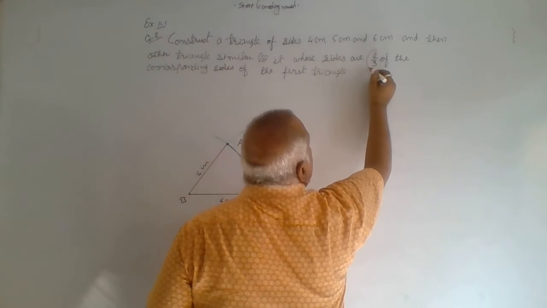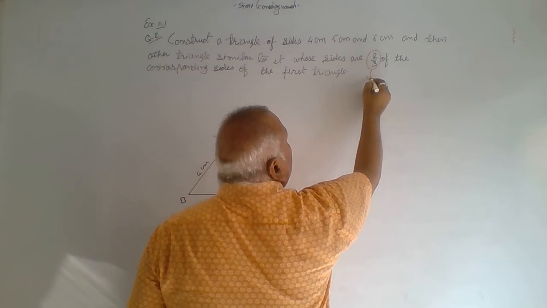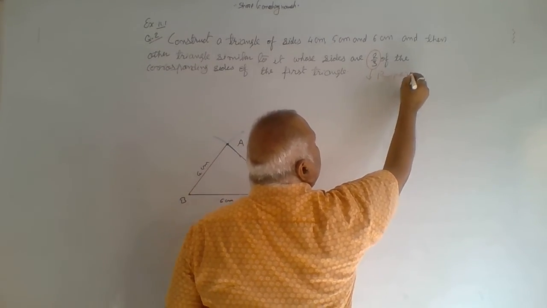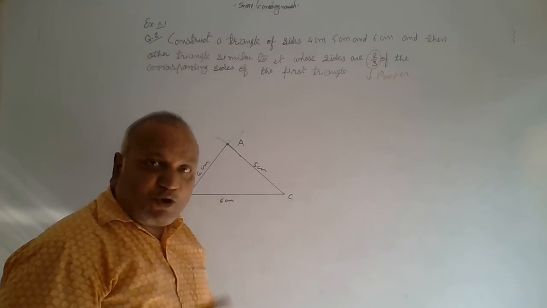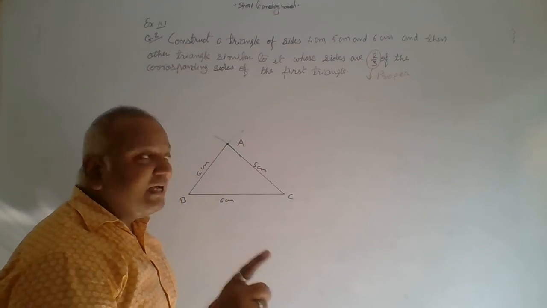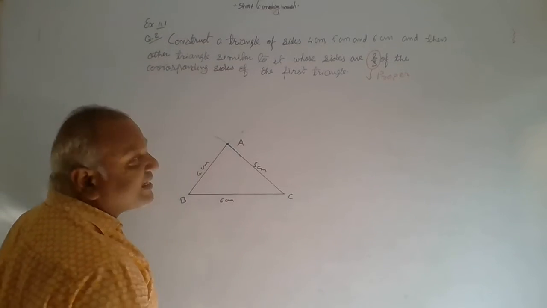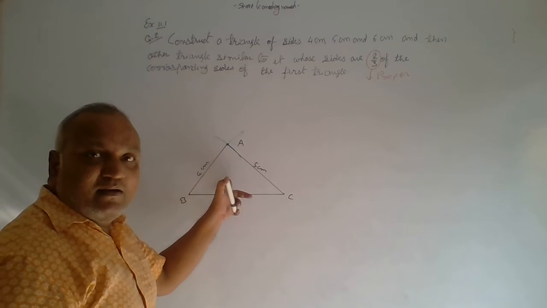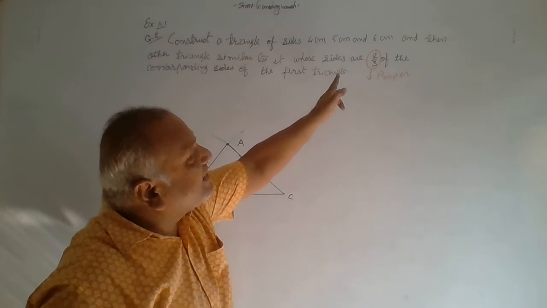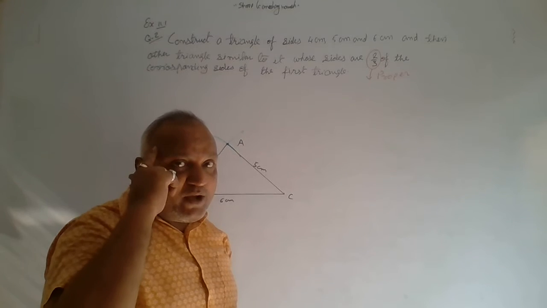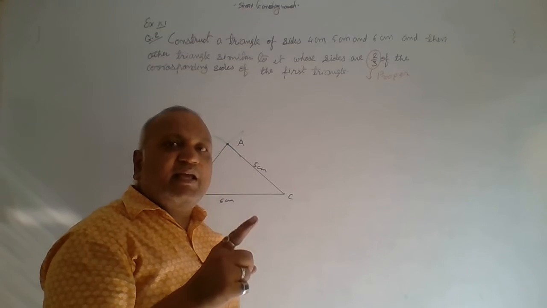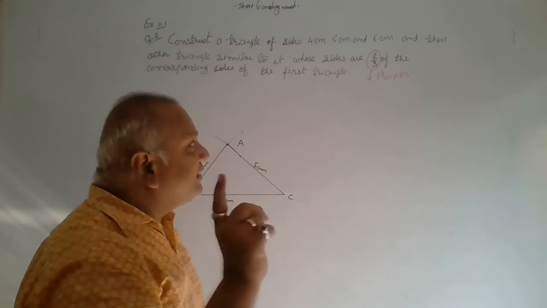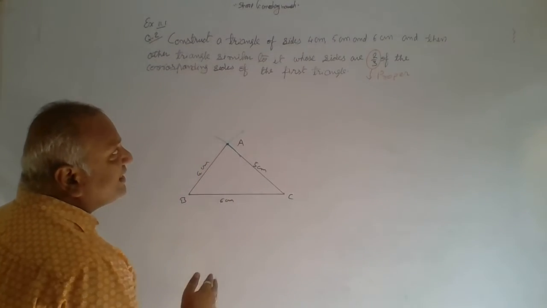The ratio is 2:3, a proper fraction. When the ratio is a proper fraction, remember that the other triangle will come inside, meaning sides are smaller than the main triangle, because a proper fraction is always less than 1. So keep in mind that the new triangle must be smaller than the original one.